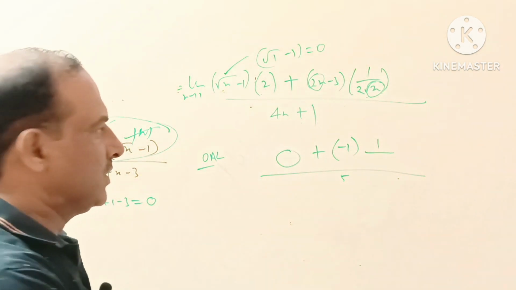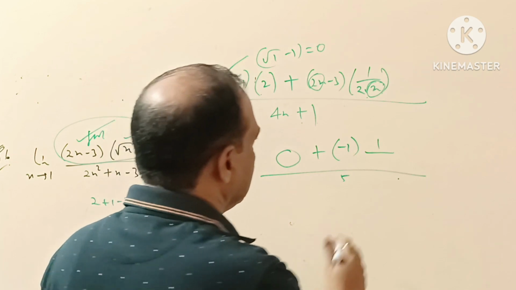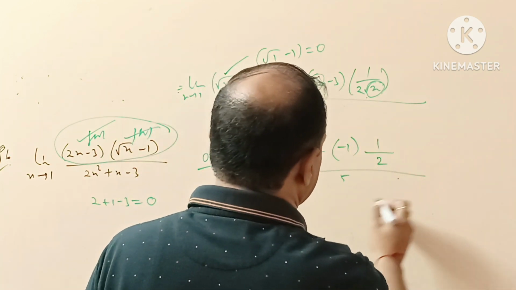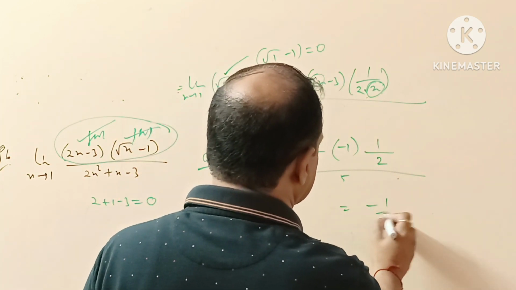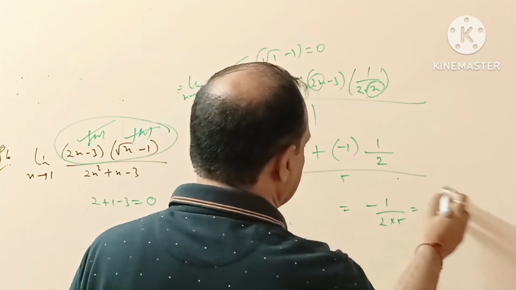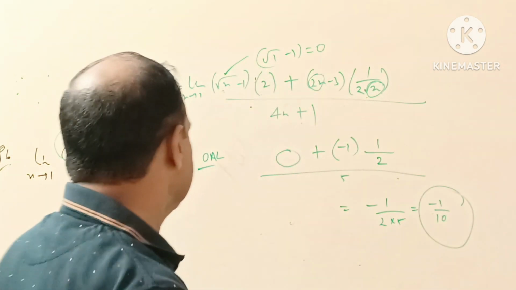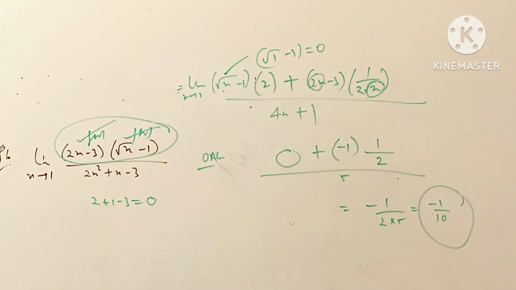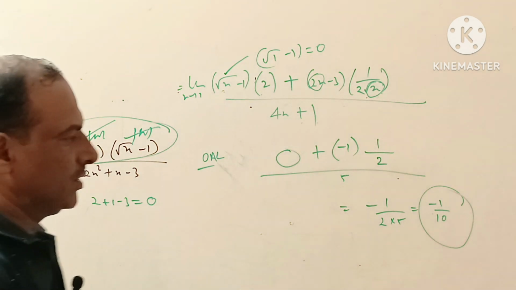So I will be having minus 1 over 2 times 5, and here this is minus 1 over 10. This is the required answer, and this is the correct method to do the questions on limits.